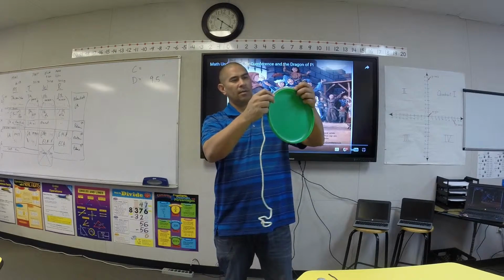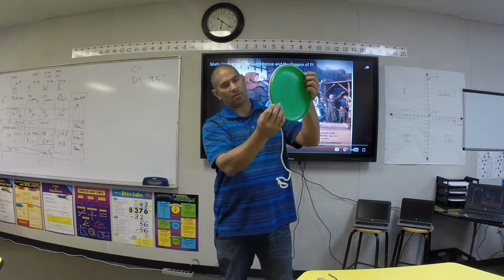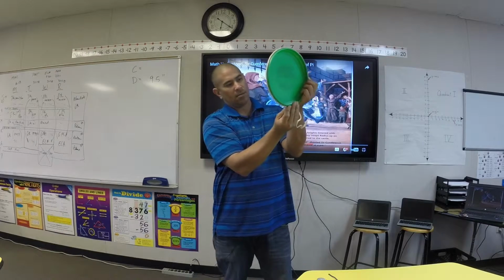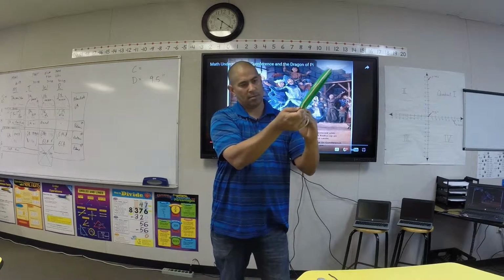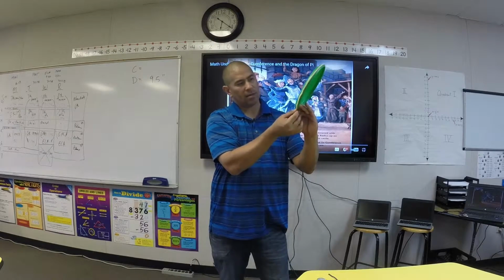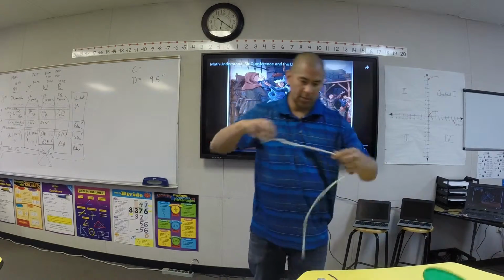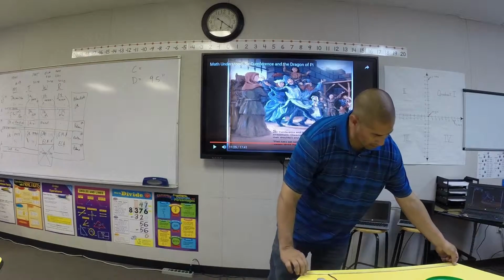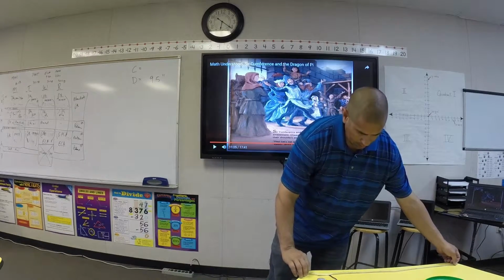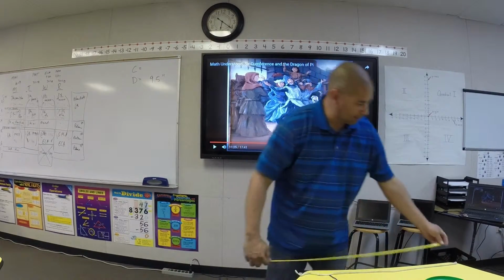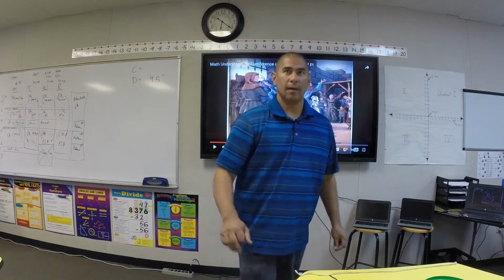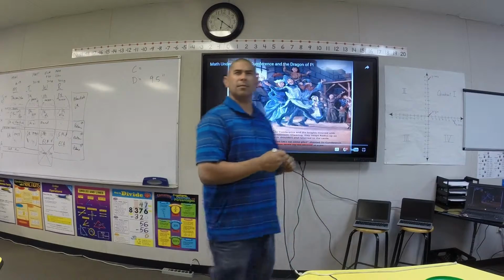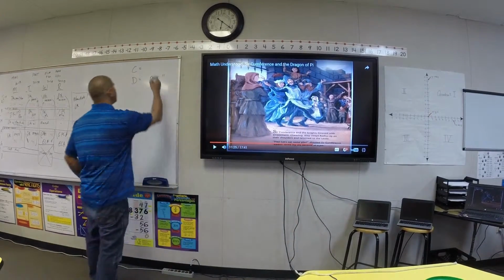If they work in pairs and work their way around the edge, which might be tough to do on your own, you can take this string, stretch it out, and then measure that. So they'll get a measurement here. That measurement comes to about 30 inches.